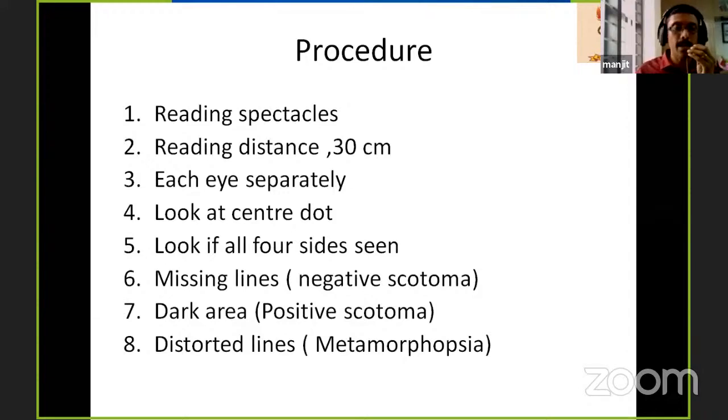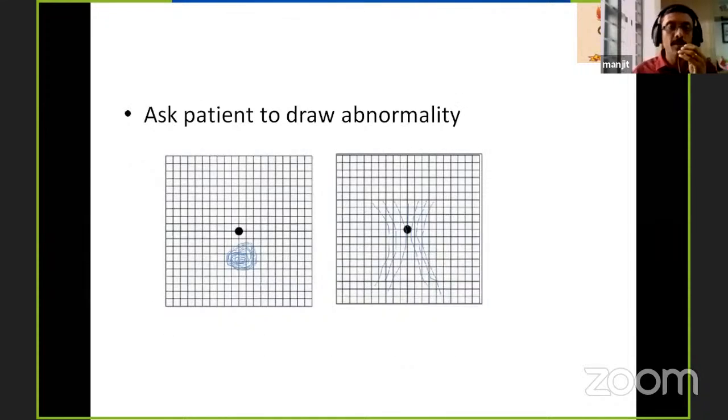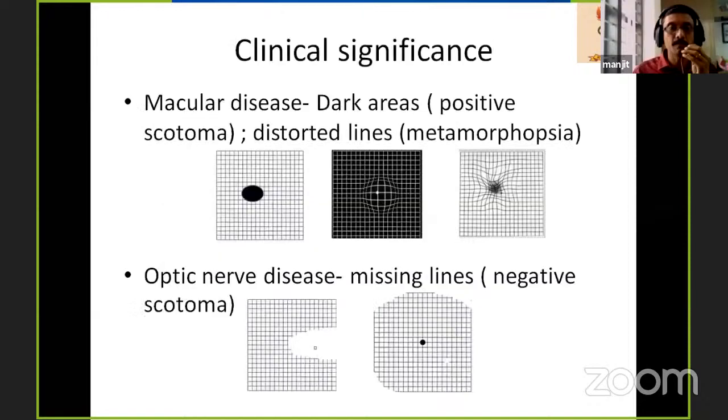Ask if any lines or squares are missing. That means there is a negative scotoma. Ask if they see any dark area on the chart, which indicates a positive scotoma, and look for any distorted lines. That means the patient is having metamorphopsia. You ask the patient to draw the abnormality by himself. He may draw a dark area in the field of vision or distorted lines.